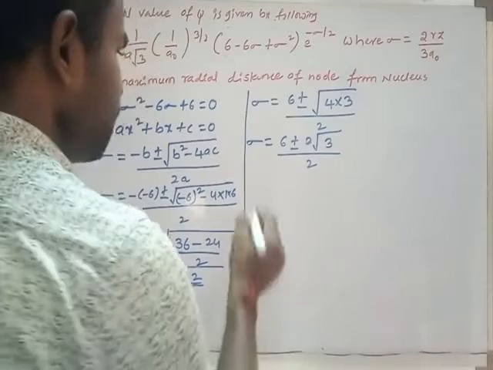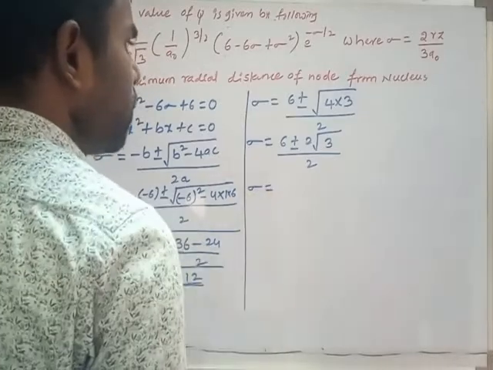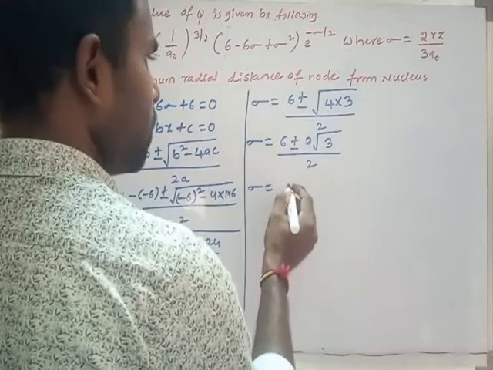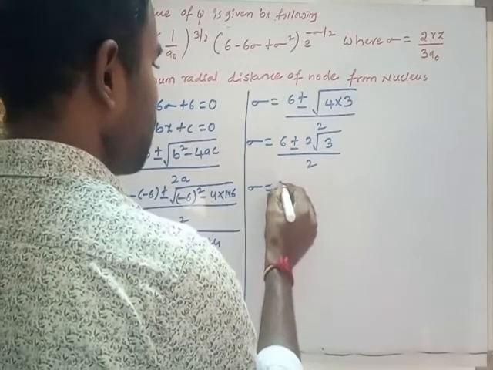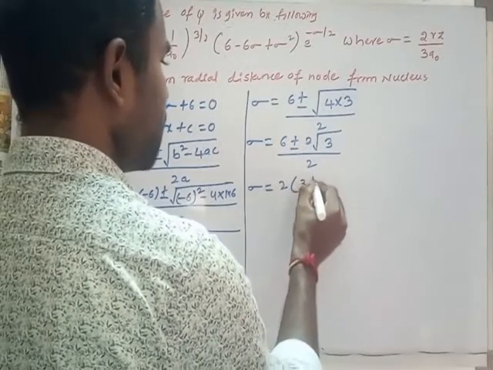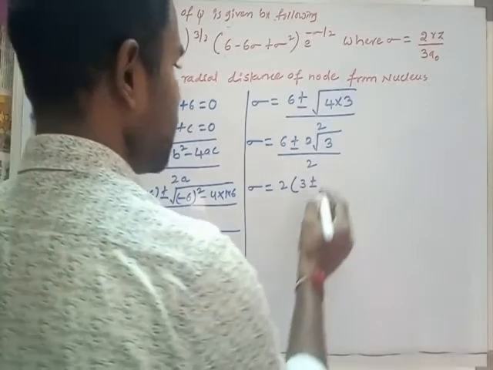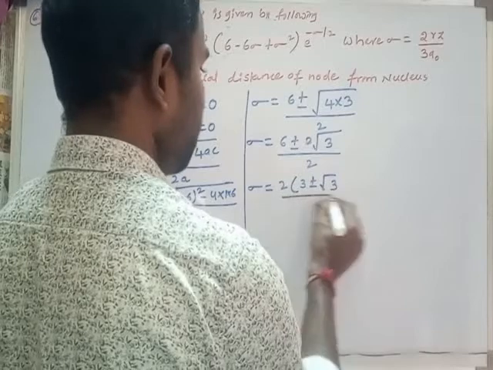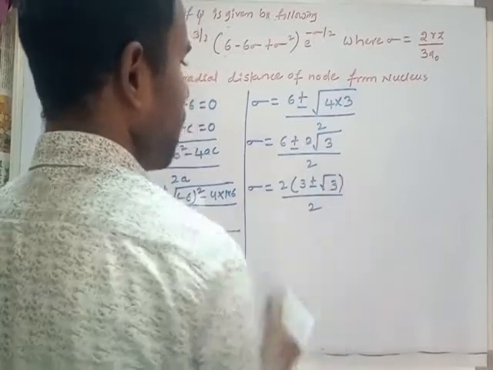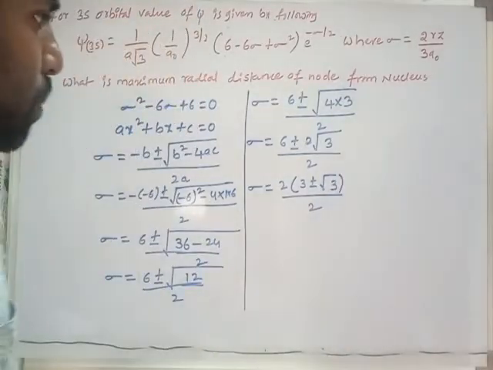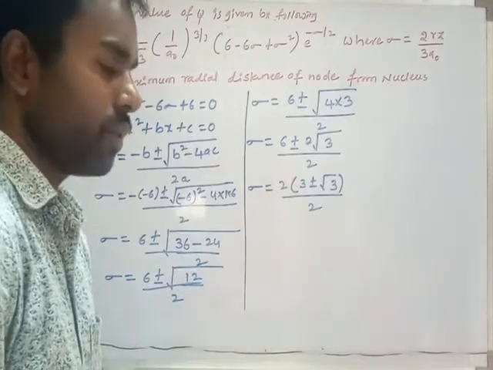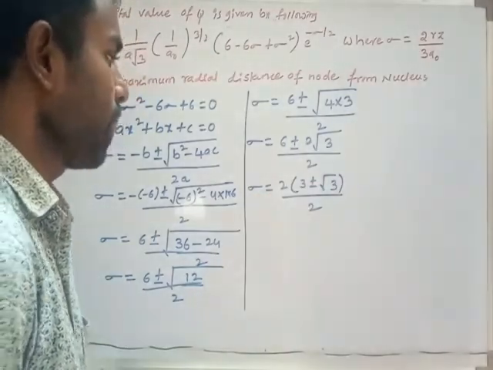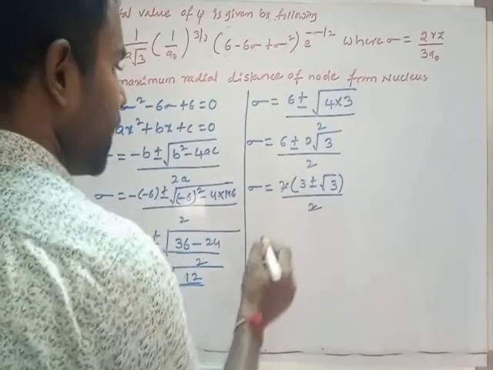So from this, sigma equal to I am going to take 2 common, means 2 into 3 plus or minus under root 3 by 2. Under root 3 by 2 means 2 into 3, 6. 2 into root 3, 2 into root 3. Then 2 to get cancelled.